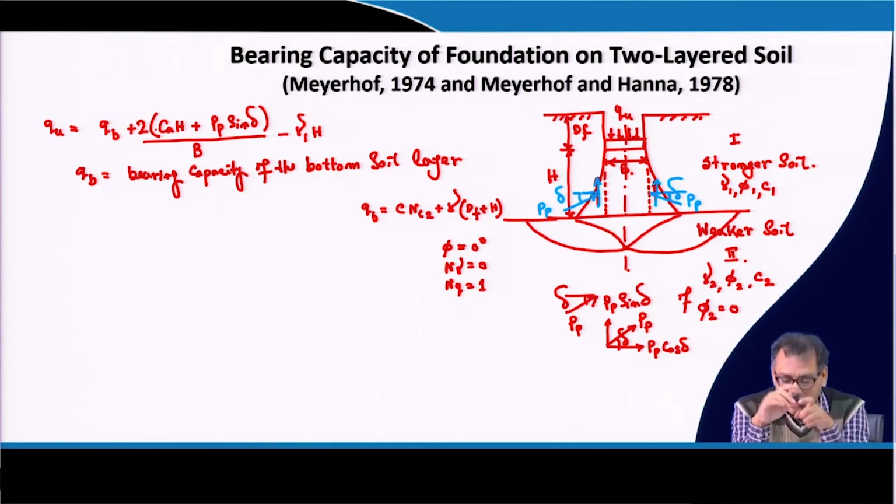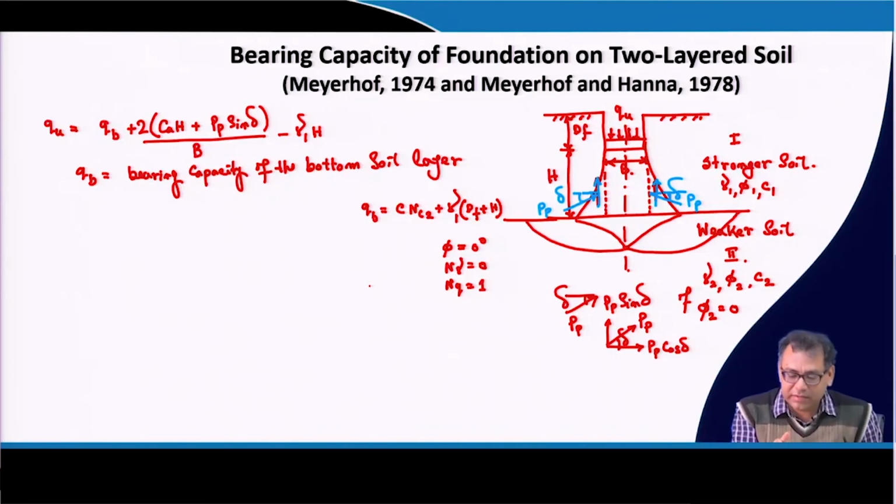That is why this gamma 1 H, because this is in the first layer, is subtracted, since we have already taken this H term into the resistance calculation. So, it is recommended to neglect the H term when you calculate the bearing capacity for the bottom layer.